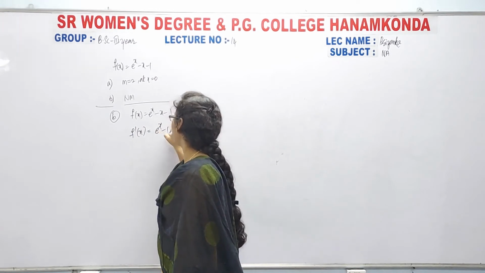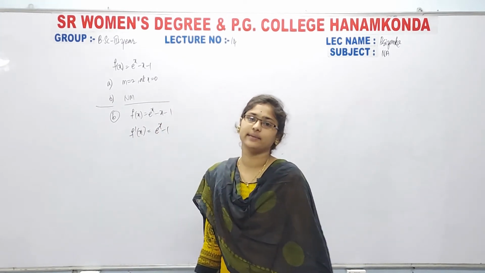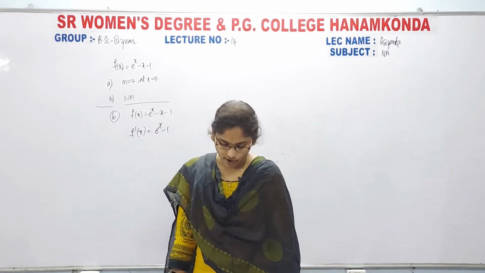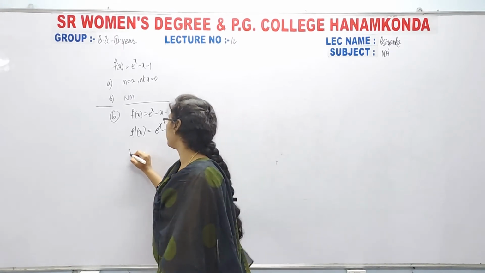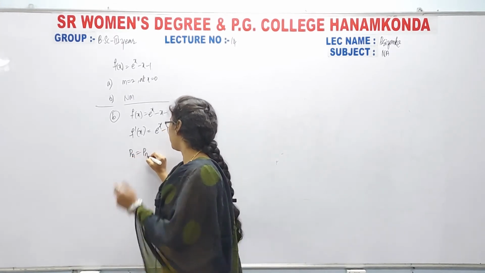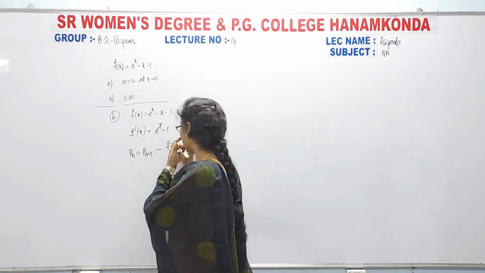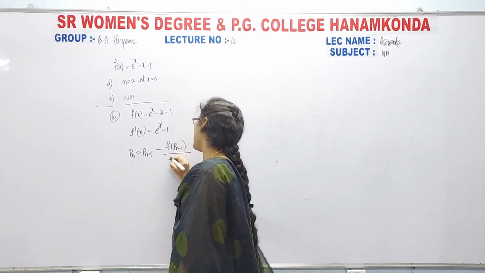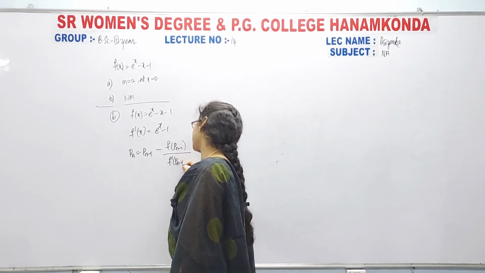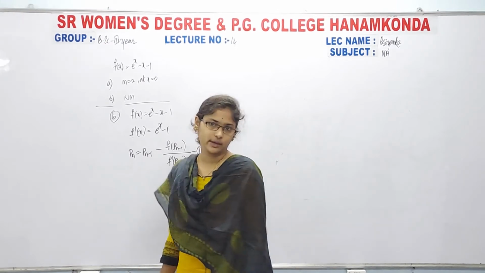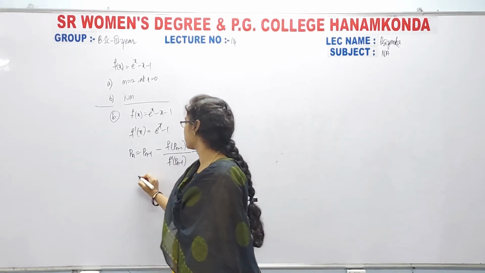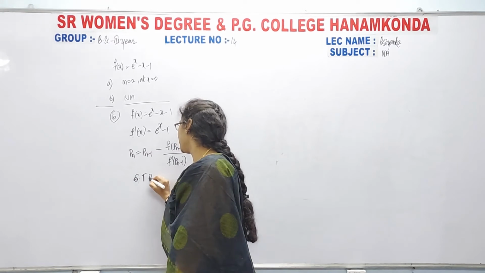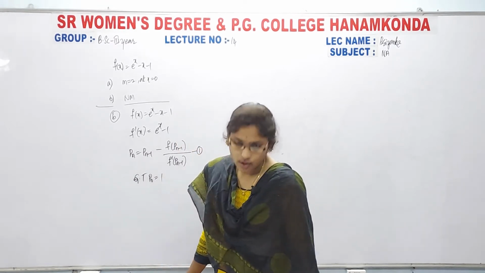So that's e power x minus 1. Clear. Next here I am taking the formula, that is Pn is equal to Pn minus 1 minus f of Pn minus 1 by f dash of Pn minus 1. It is equation number 1, and they gave that P naught is equal to 1.